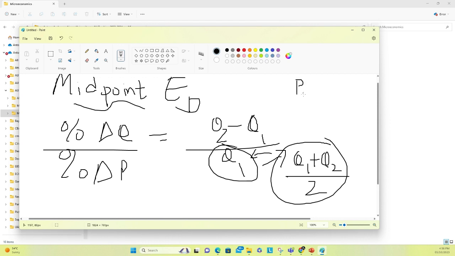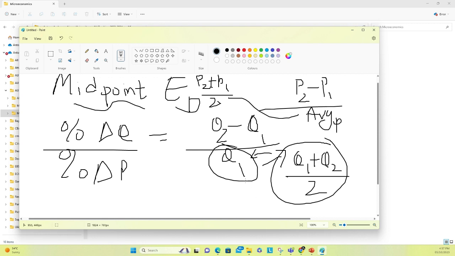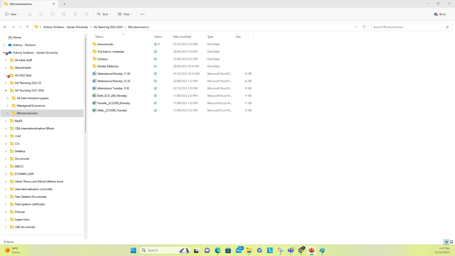Similarly, for price, P2 minus P1 divided by the average, which is P2 plus P1 divided by 2. That's the average of P, and this one is the average of Q. So that's basically what the midpoint method is.